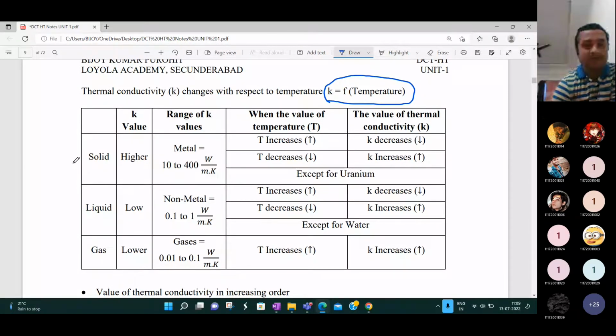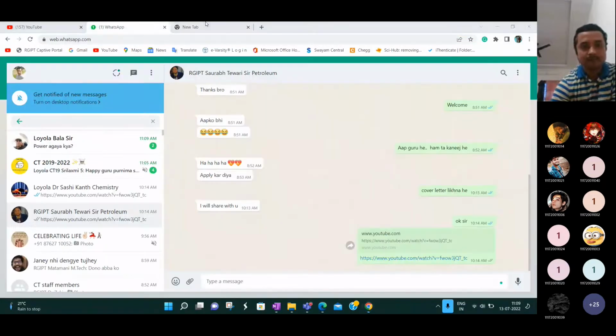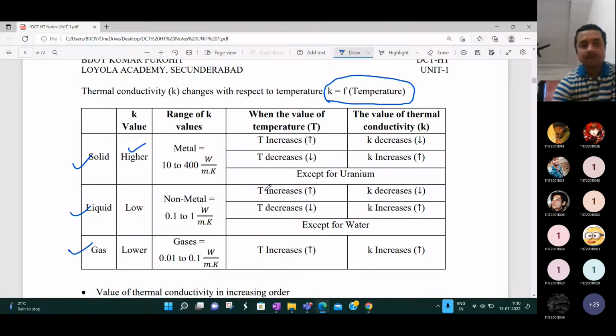So let us discuss three materials: solid, liquid, and gas. The K value for solids will be generally higher. How much?